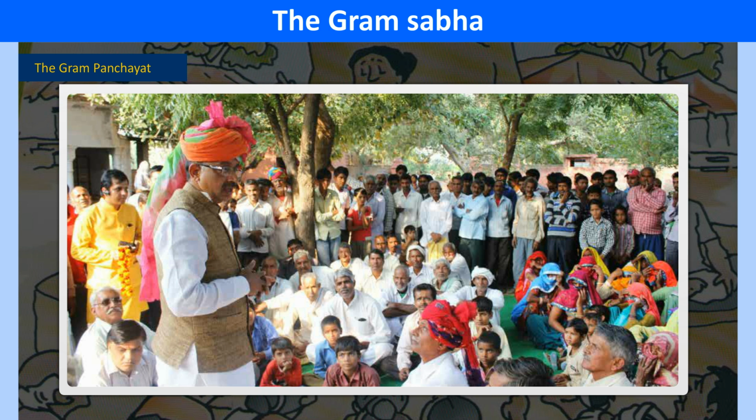Seats are reserved for members of the scheduled castes and scheduled tribes. 50% of the total number of seats are reserved for women. The Gram Panchayat has a secretary who is also the secretary of the Gram Sabha. He is not elected but is appointed by the government. The secretary is responsible for calling the meetings of the Gram Sabha and Gram Panchayat. He also keeps the record of the proceedings.